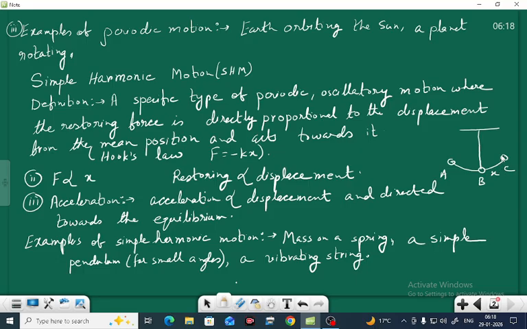The restoring force is directly proportional to displacement. Force means ma, mass times acceleration, directly proportional to x. Mass is constant, therefore A is also directly proportional to x. F is directly proportional to x, or F equal to minus kx.